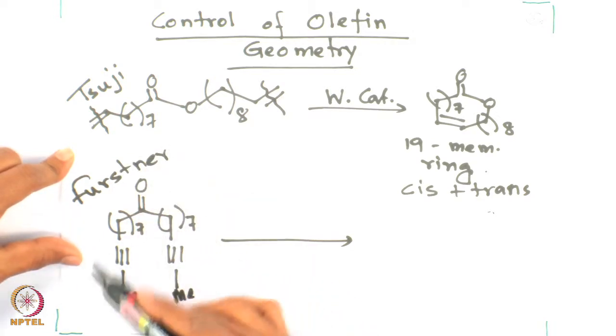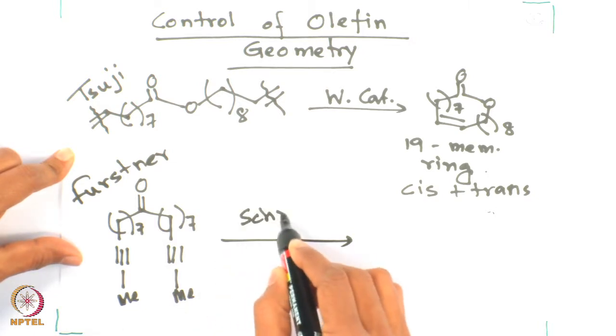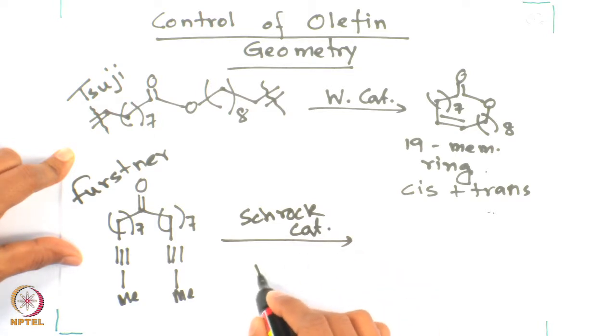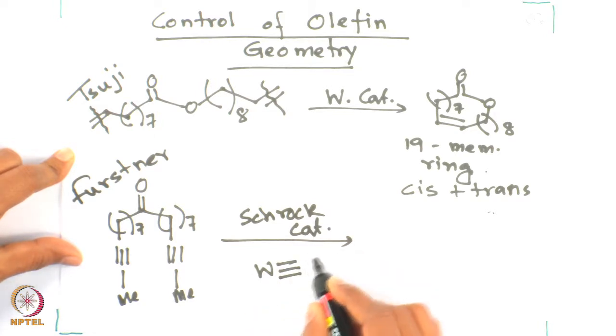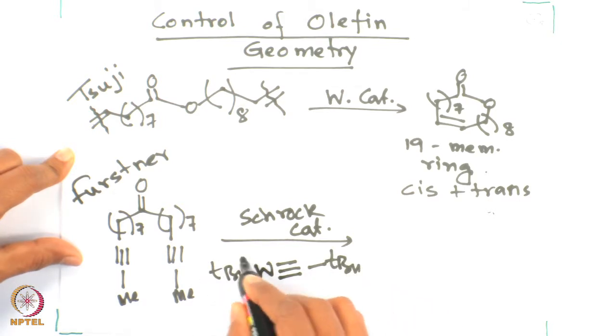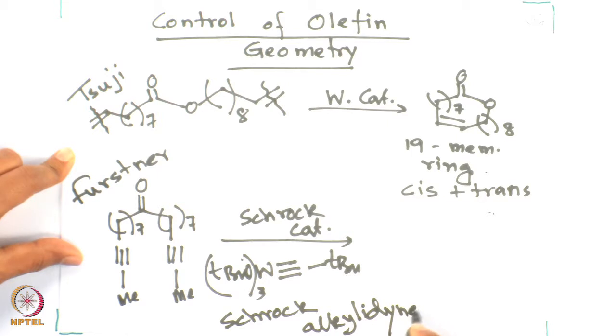now this compound he has synthesized and he has taken the Schrock catalyst, that is the carbyne, tungsten catalyst with carbyne along with tertiary butoxide 3. This is the tungsten reagent that he has taken, and this you can call a Schrock alkylidyne.